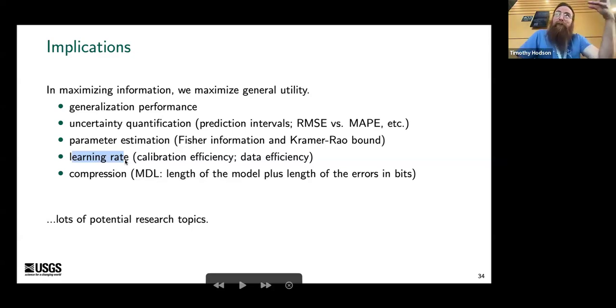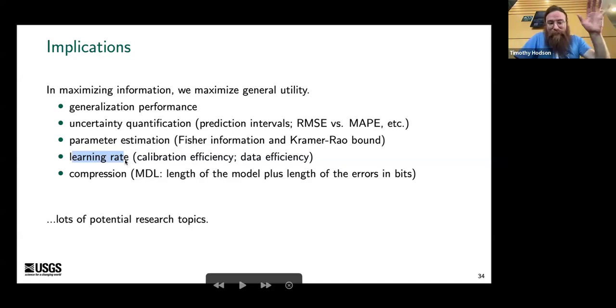And if you are able to apply transformations, say, to your data to more standard distributions like the normal distribution, it can allow much better compression of that data.